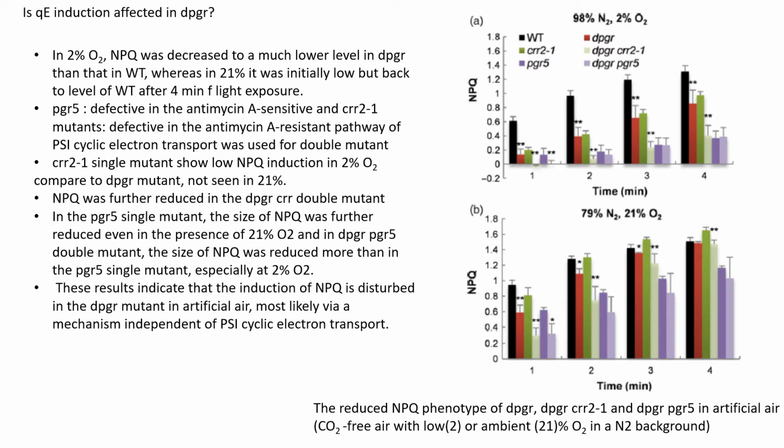In the case of the single mutant of CRR2, it was shown that there was low NPQ induction in 2% oxygen as compared to the DPGR mutant, but this decrease was not seen in the 21% air environment. NPQ was decreased further in the case of the double mutant of DPGR along with CRR as expected in both of the environments.